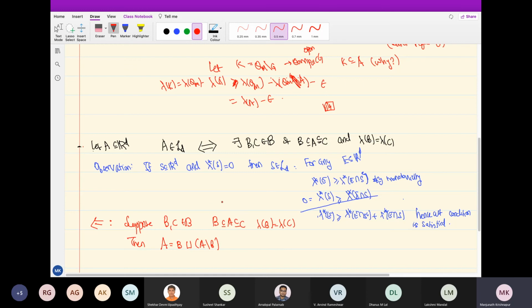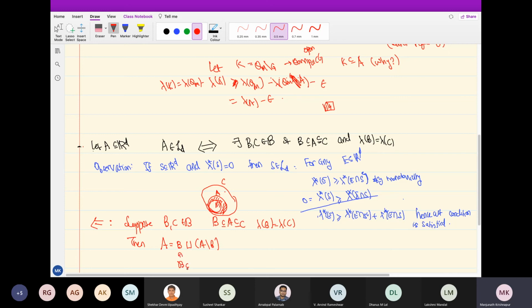See, B is here, A is a little bit larger, and C is a bit larger. So this is C, this is B, this is A. So what I am writing is A is B union with the parts of A that are outside of B, A minus B, okay?